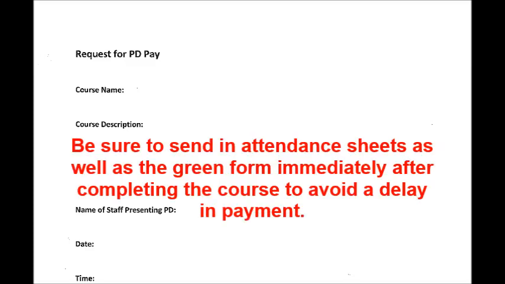Once you have their signature, you will need to return this form to the Office of Teaching and Learning. From the Office of Teaching and Learning, once it has received district approval, it will be sent to HR and you will receive green forms that need to be completed and returned after the workshop has been completed. Without filling out these forms, you will not receive payment.